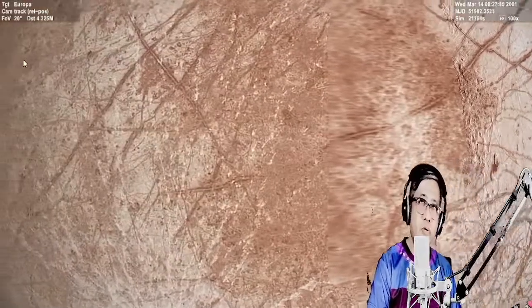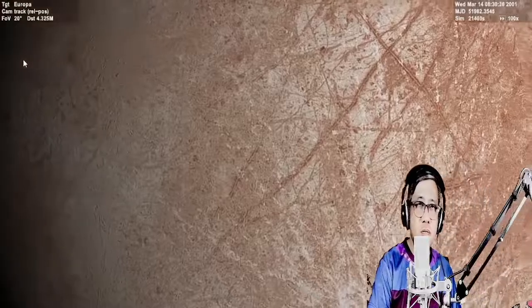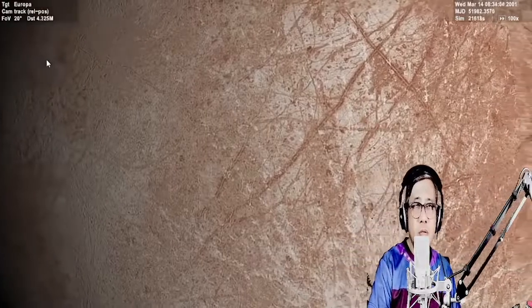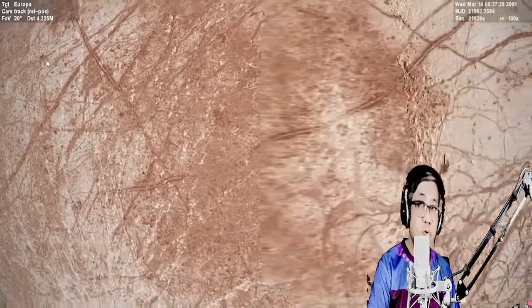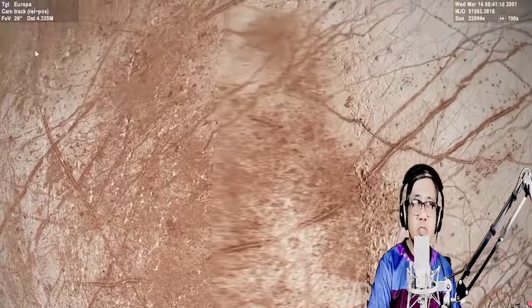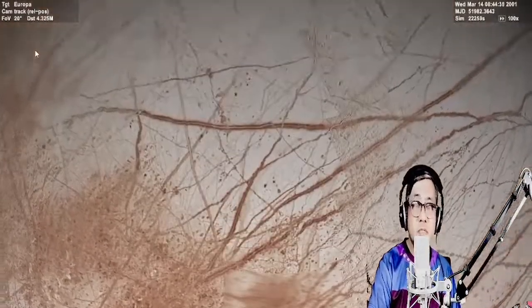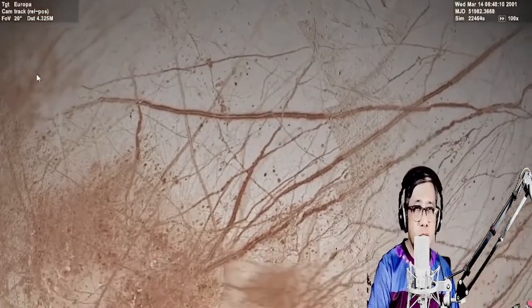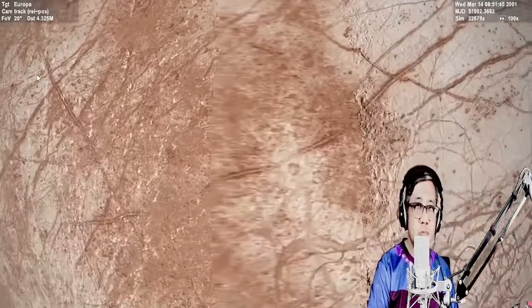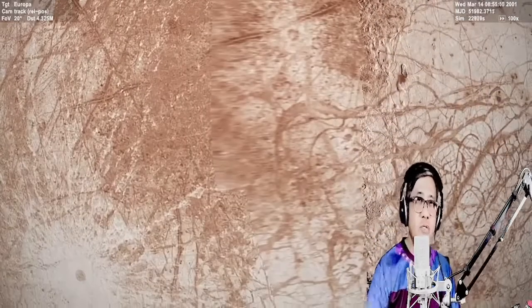So yung origin ng mga streaks na yan, unknown pa rin, but they may be fractures caused by the stretching of Europa's crust due to the tidal forces raised by Jupiter's gravitational pull.